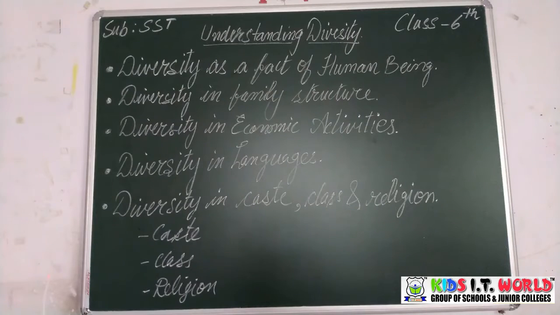So we need to understand India is a diverse country in respect to each and everything. We have different physical features, different climates, different types of vegetation, minerals, wildlife and of course human beings.